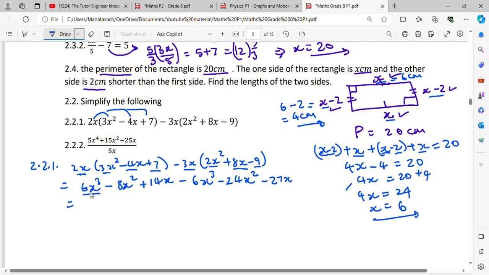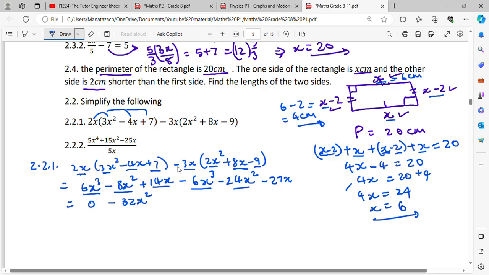So 6x cubed and 6x cubed would be 0. Minus 8x squared and minus 24x squared will give us minus 32x squared. 14x and 27x, remember?